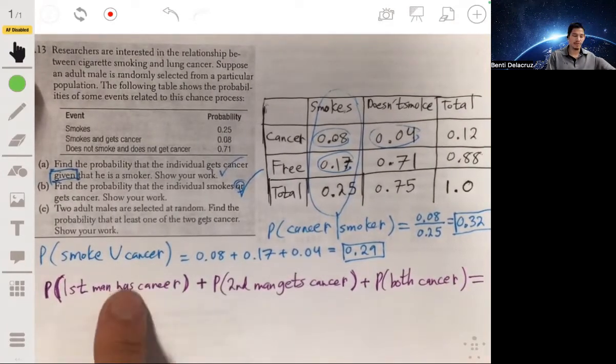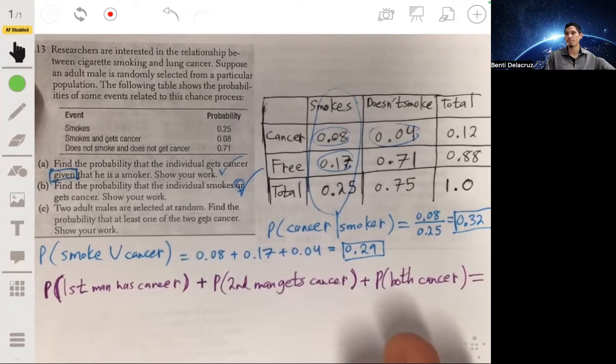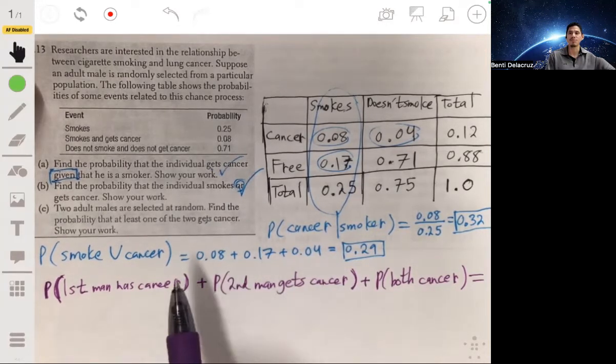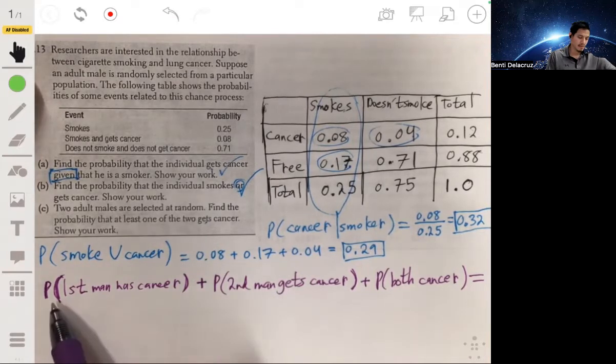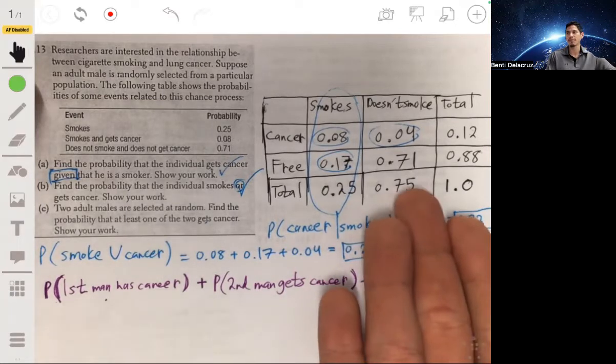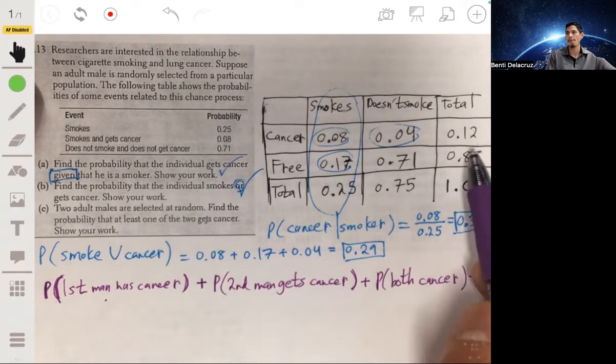So we find these three probabilities and add them up, and that'll be the value that will give us the probability that at least one of them will have cancer. So let's look at one at a time. The probability that the first man has cancer, we just select them at random, is 0.12.